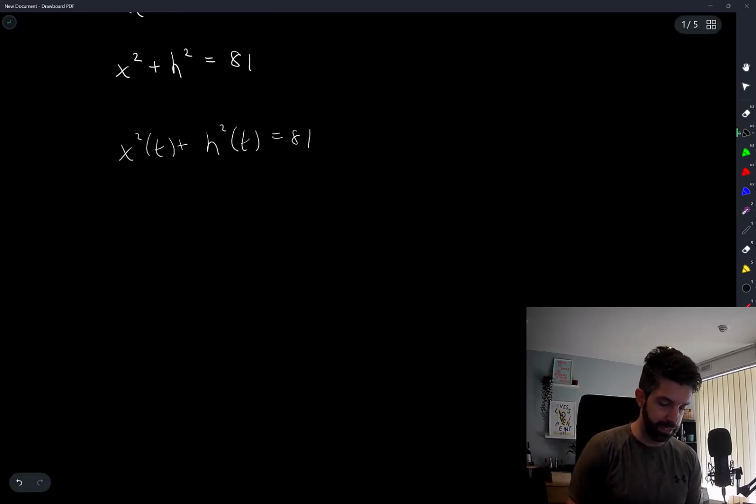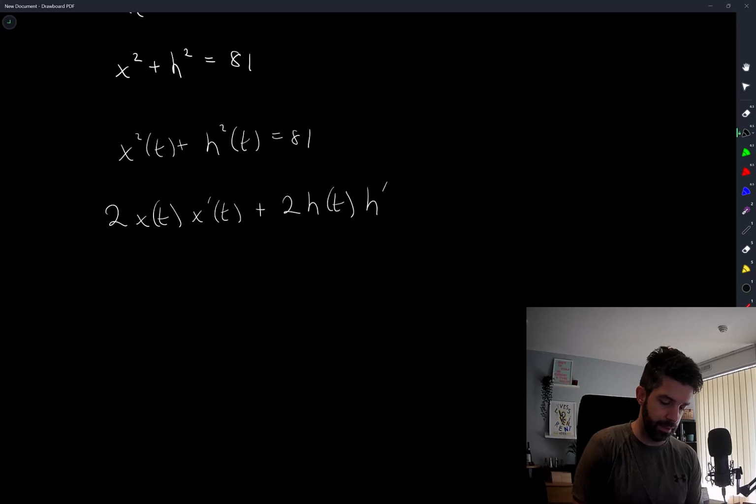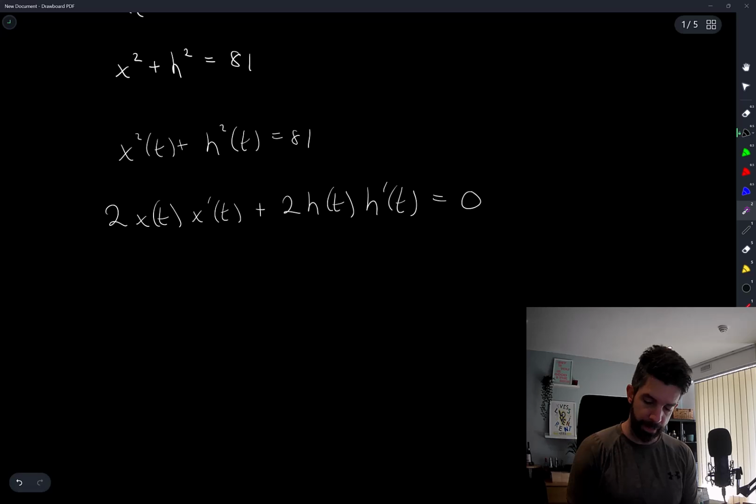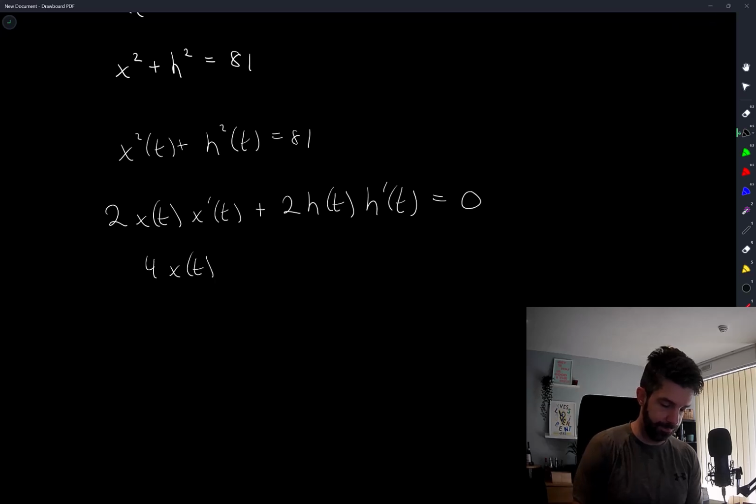Okay, so if I just take a flat out derivative of this using implicit differentiation, I have 2x of t times x prime of t plus 2h of t times h prime of t is equal to 0. Now we know that x prime of t is equal to 2, so I have 4x of t plus, we're also told we're interested in a particular value in time when the top of the ladder is 3 meters above the ground.